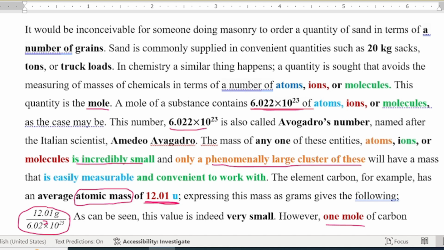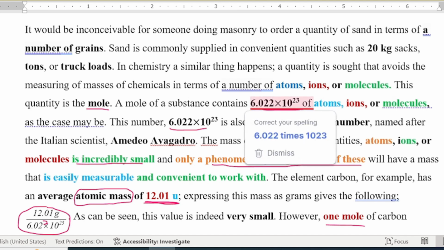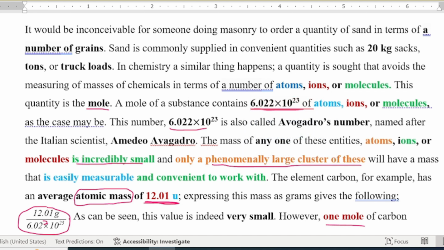A mole of a substance contains this huge number here, 6.022 times 10 to the 23rd power of atoms, molecules, or ions, as the case may be. This number is called Avogadro's number, and it is named after the Italian scientist Amedeo Avogadro.